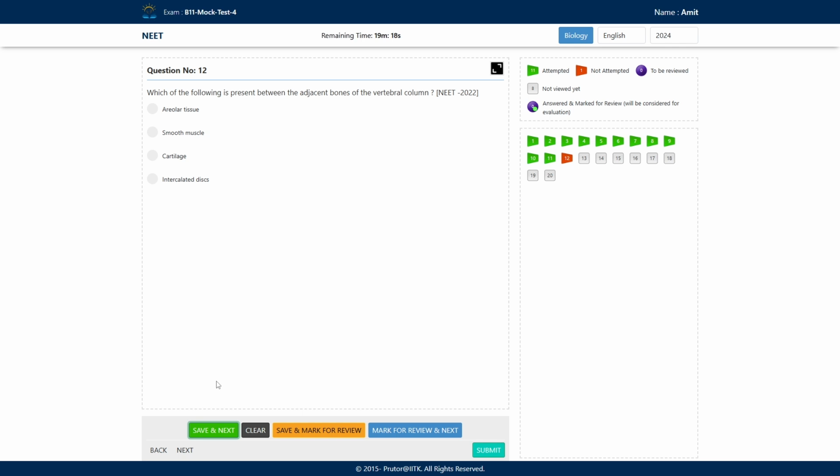So, intercalated disc is not the correct one, as it is a specialized structure found in the cardiac muscle tissue that connects adjacent muscle cells. Intercalated disc, right?